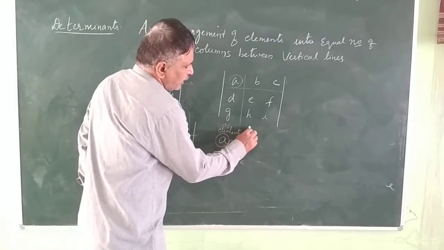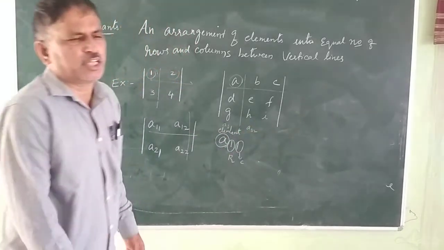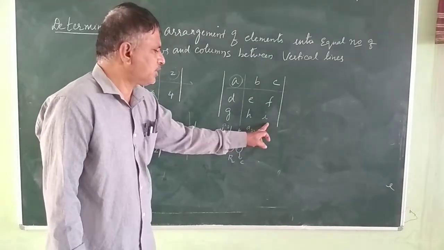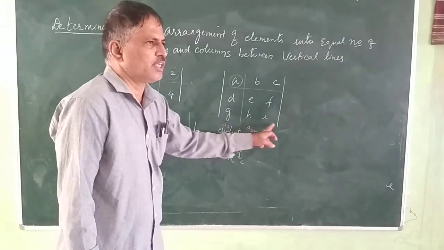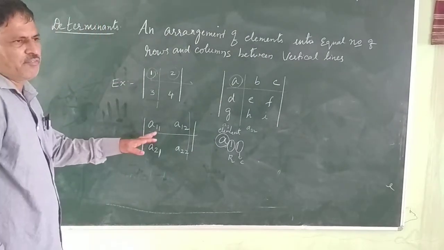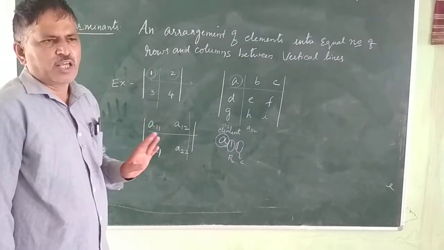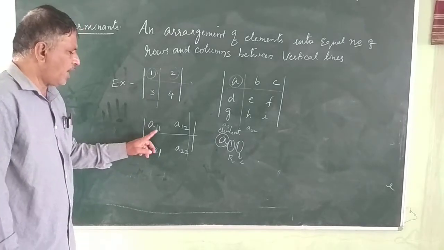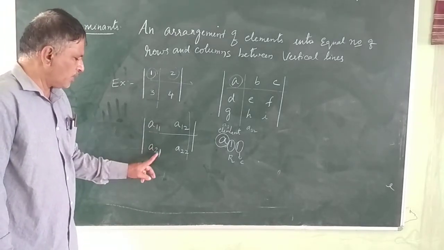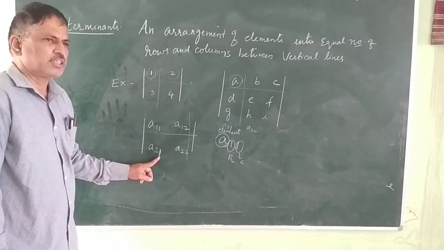This is A32, the element present in third row, second column. This is A33, the element present in third row and third column. It is not like A11, A12, A21, A22, not like that. A11 means the element present in first row, first column, and A22 the element present in second row and second column.